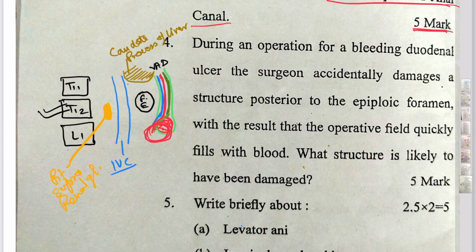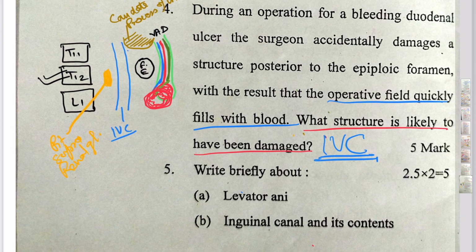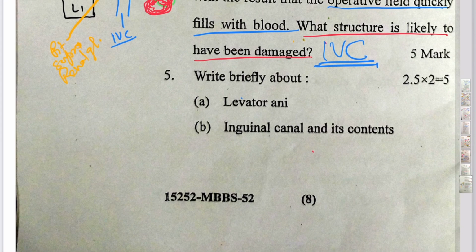This also lies antero-inferior to the foramen epiploicum. So I hope you've understood what structure is likely to have been damaged: the inferior vena cava. And because they have said the operative field is quickly filled with blood. Then 2.5 marks, 2 questions: levator ani and inguinal canal and its contents. And that was all.